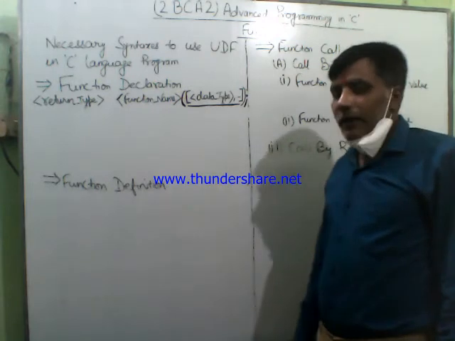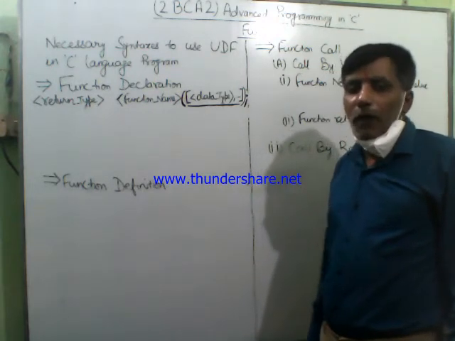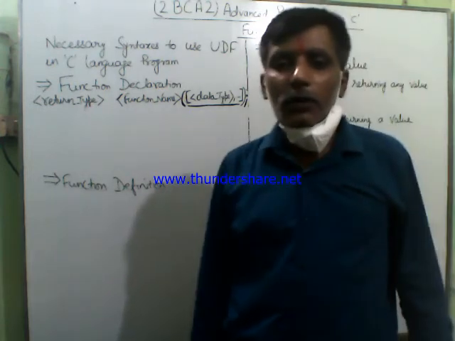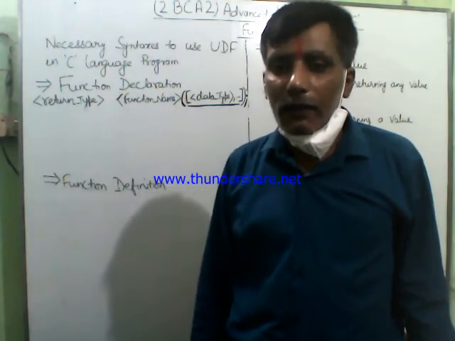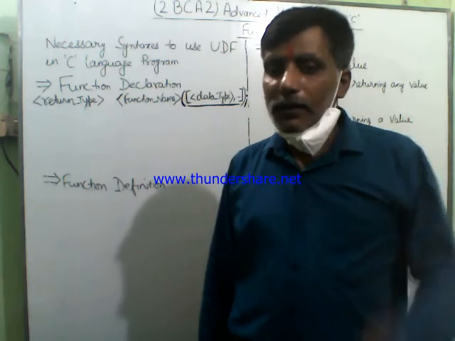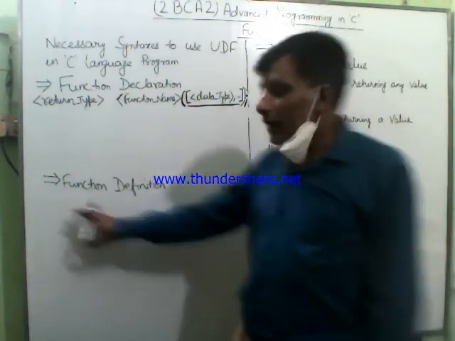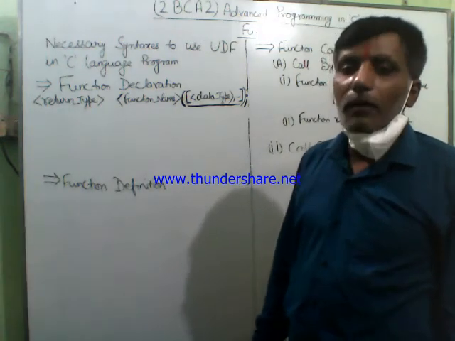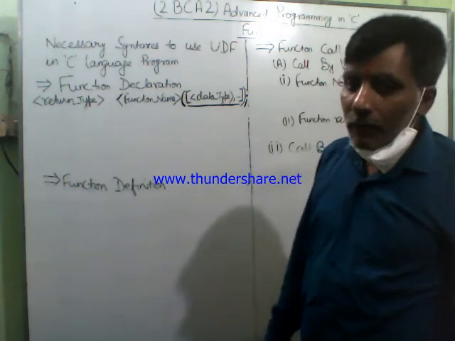After declaring the function, you have to perform another task so that you can use a user defined function in the C language program. This task is function definition. Function definition is also called the body of the function.